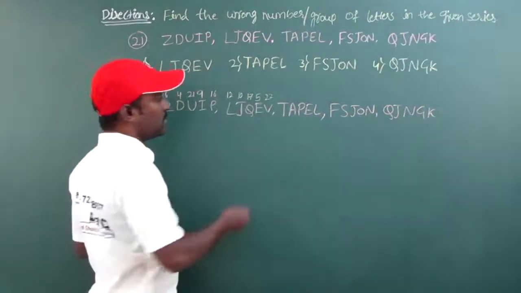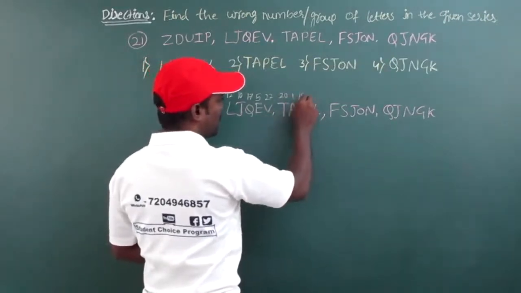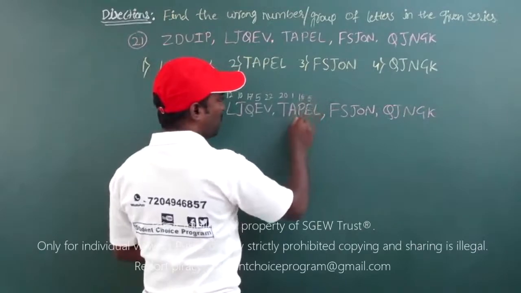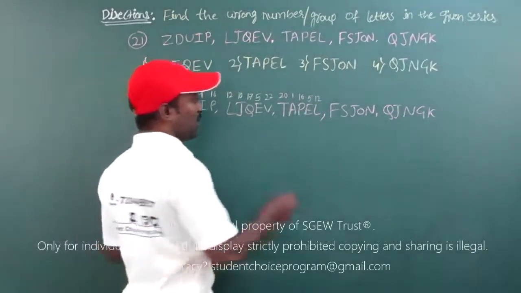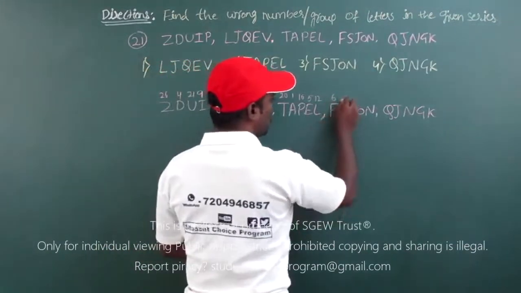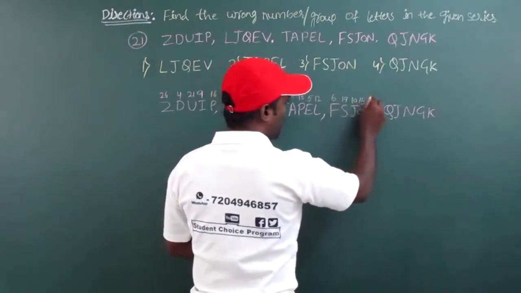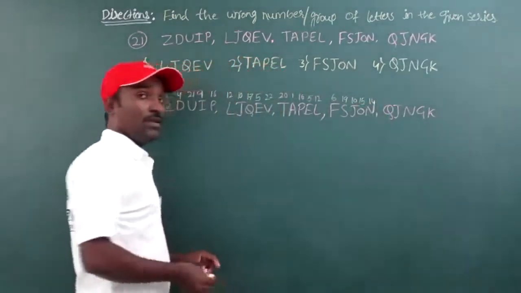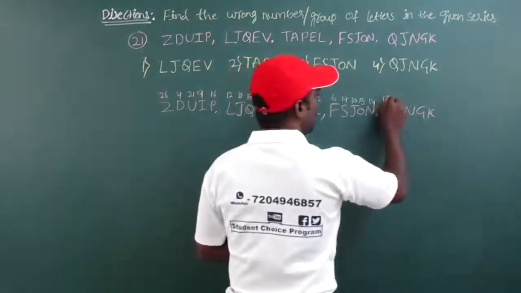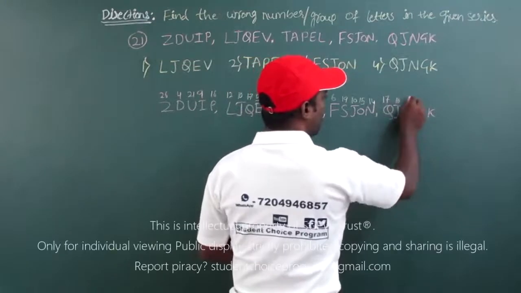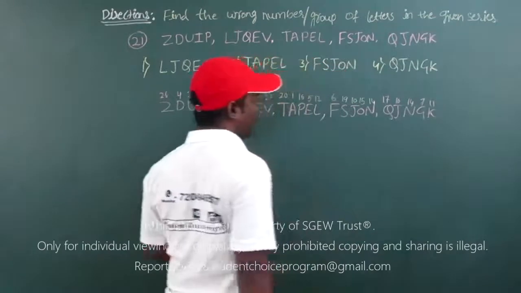Now next, T is 20, A is 1, P is 16, E is 5, L is 12. F is 6, S is 19, J is 10, O is 15, N is 14. Position of Q is 17, J is 10, N is 14, G is 7, K is 11.